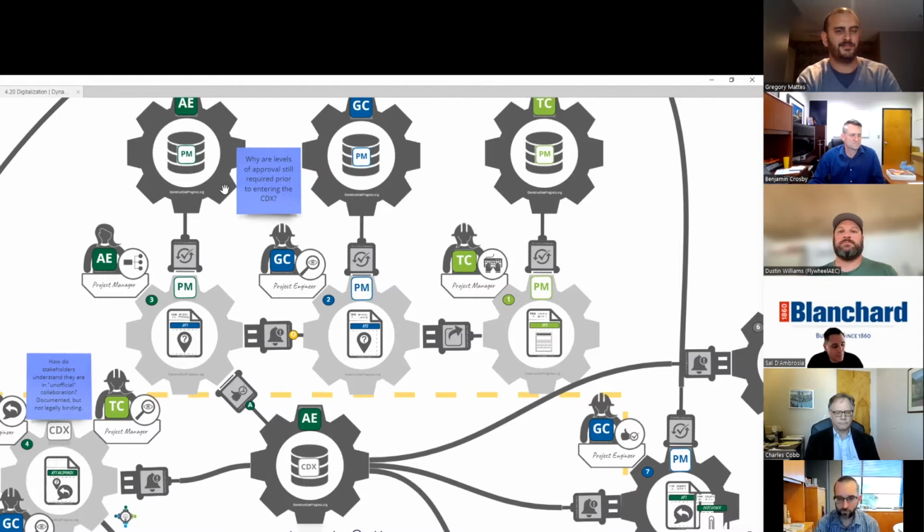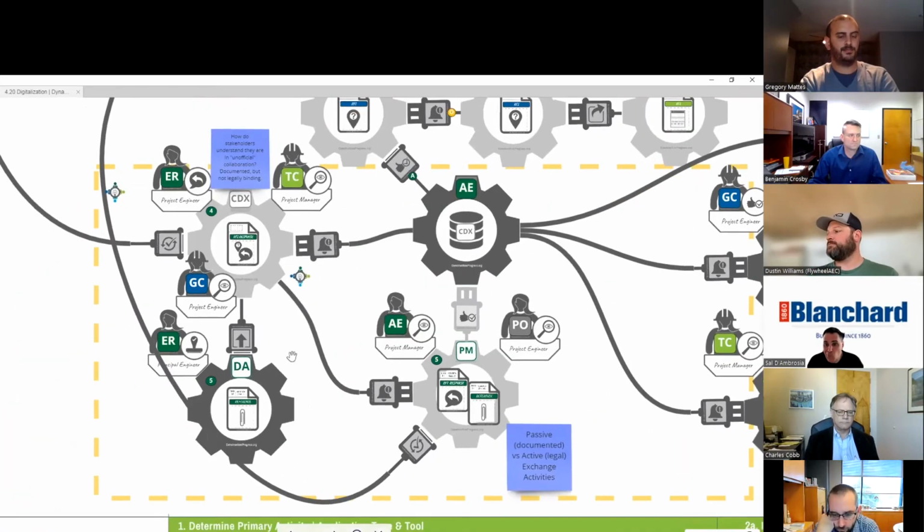And then it pushes over here. So are there particular levels of approval that are still required to have a conversation, or can we go straight into this collaborative approach, right? So if we're after step 3 and we want to go to step 4, that brings us over into this collaborative space, right?